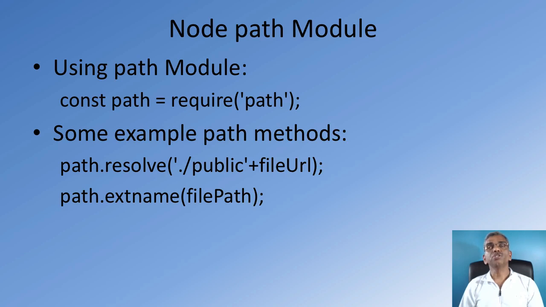This supports methods like, for example, path.resolve, which will convert a relative path into an absolute path, the entire path to the file. You can also check the extension name for the file by calling the path.extname function and supplying the file path, and that will examine the extension of the file name.